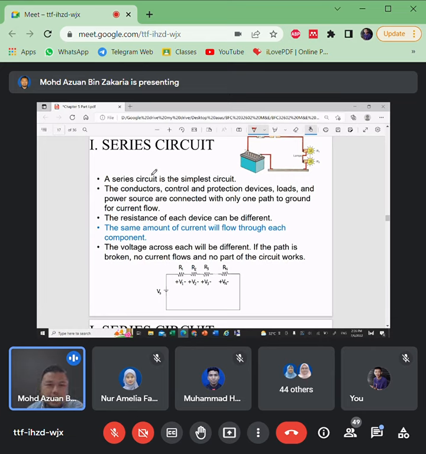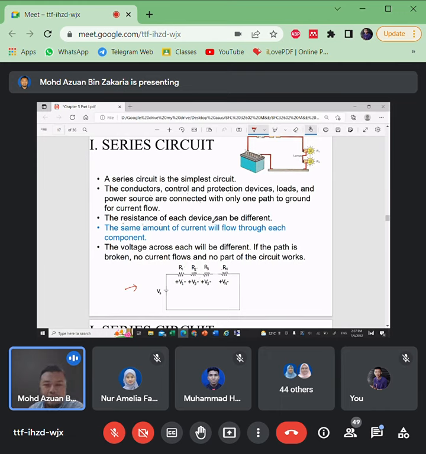A series circuit is the simplest circuit. The conductors, control and protection devices, loads, and power source are connected with only one path of current flow. See, looking at this figure, series circuit means all the resistances are connected through only one wire, continuously, right?